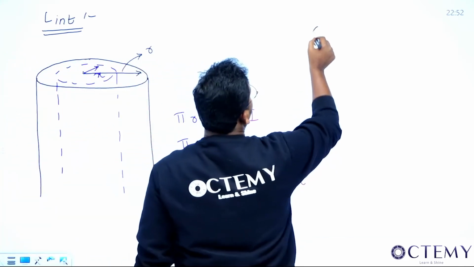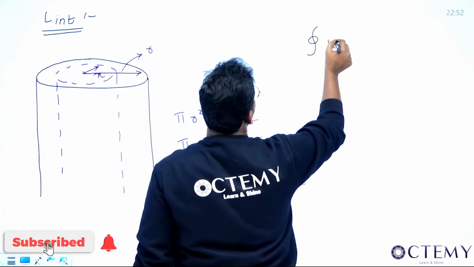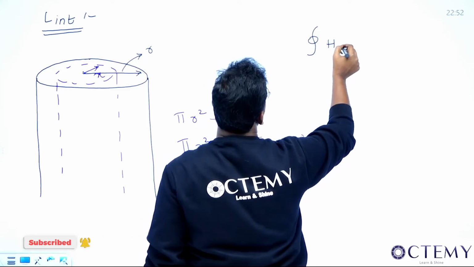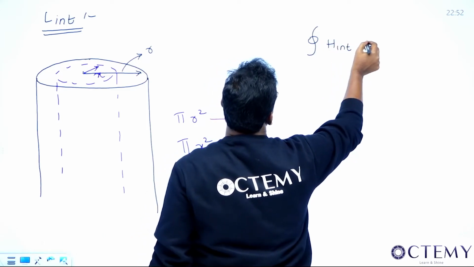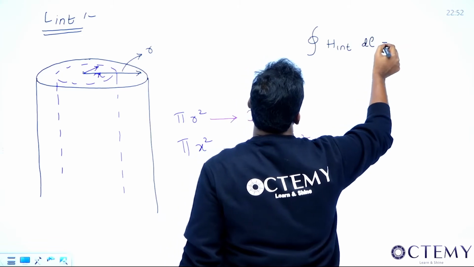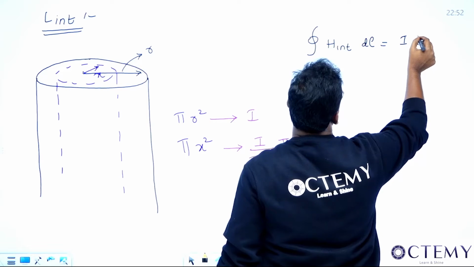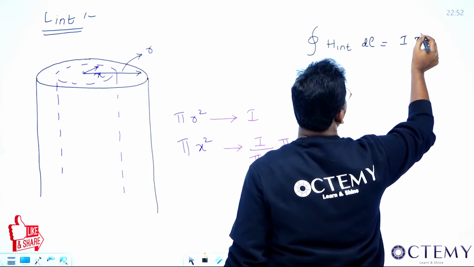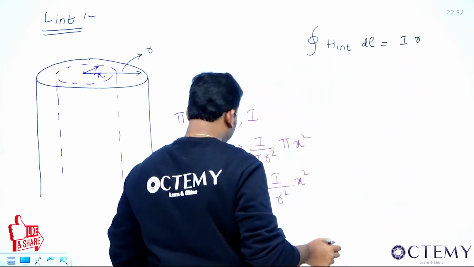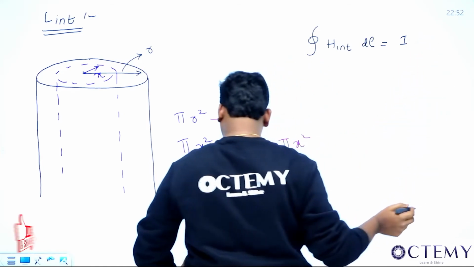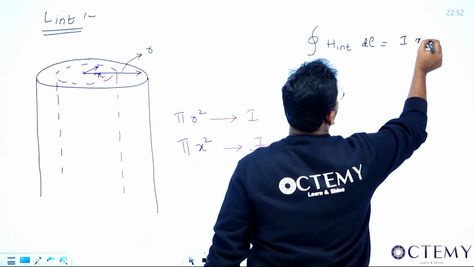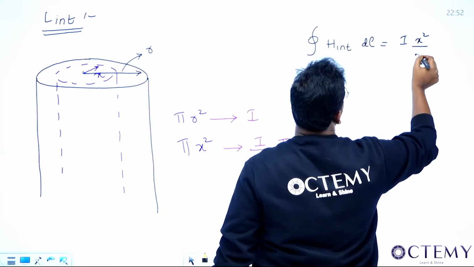So the closed integral H dot dl, now this H is H internal, into dl is equal to, what is the I enclosed? I enclosed is I into x square divided by r square.